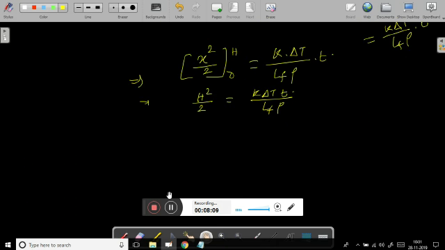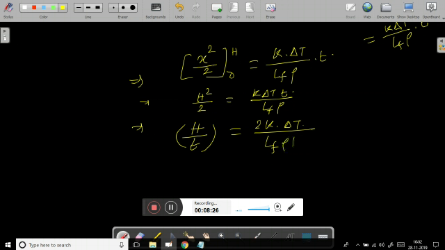Now what is given in the initial first stage was mentioned. So if we just put it in this manner, h by t comes down to K into delta T into 2 divided by LF into rho into h, and that's the final equation.